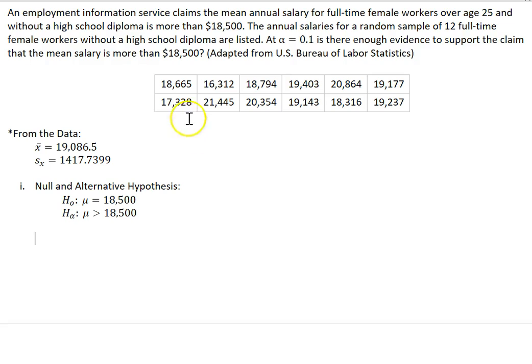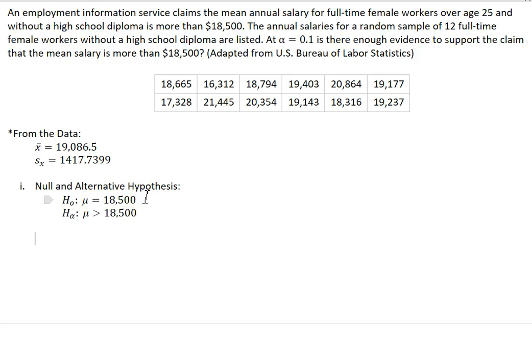There's no information or records for me to figure that out unless I go to the U.S. Bureau of Labor Statistics and look that up. Maybe they have that there, but it's not given to me, right? So I also have a very small sample size. I have 12, okay? So I have a small sample size, and I don't know anything about the population except for this assumption that the population mean is 18,500.